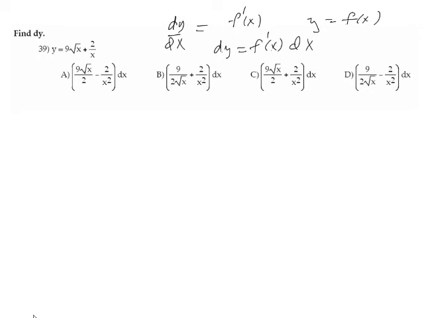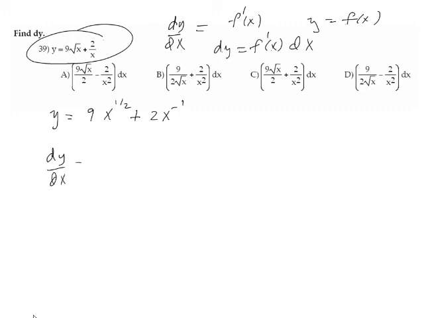So if y is equal to 9 x to the 1/2 plus 2x to the minus 1, that's rewriting the term for y. We have dy/dx is equal to 9/2 x to the minus 1/2 minus 2 x to the minus 2, which equals 9 over 2 square root of x minus 2 over x squared.